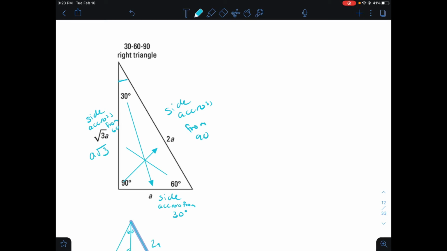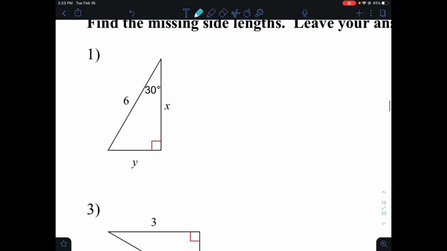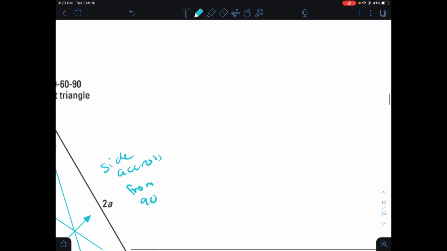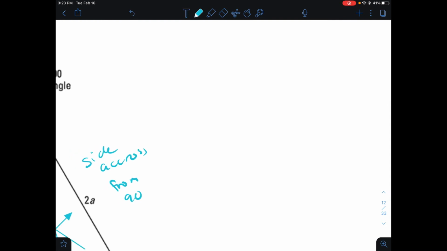So you've got three scenarios here. You're only going to be given one side. If you look at the problems, all of these problems only give you one side. So you have to determine which side they gave you. So let's say they gave you the side across from 30. And I would write this down.